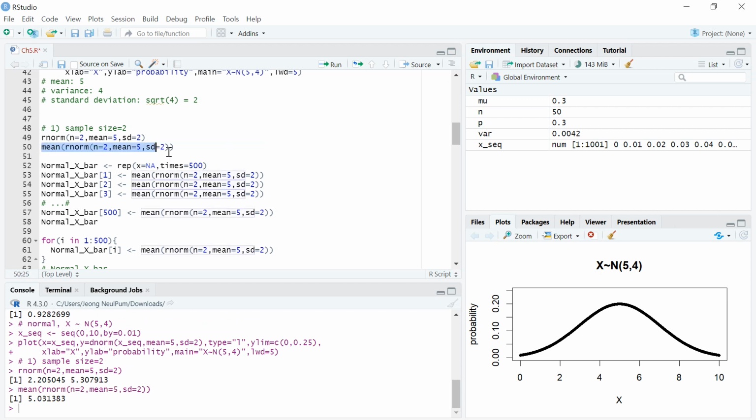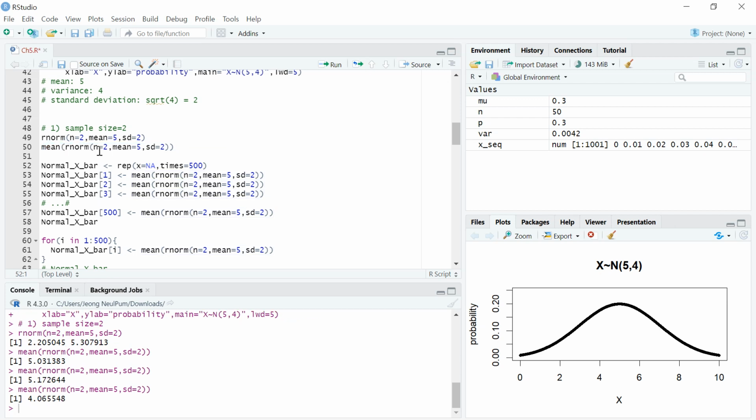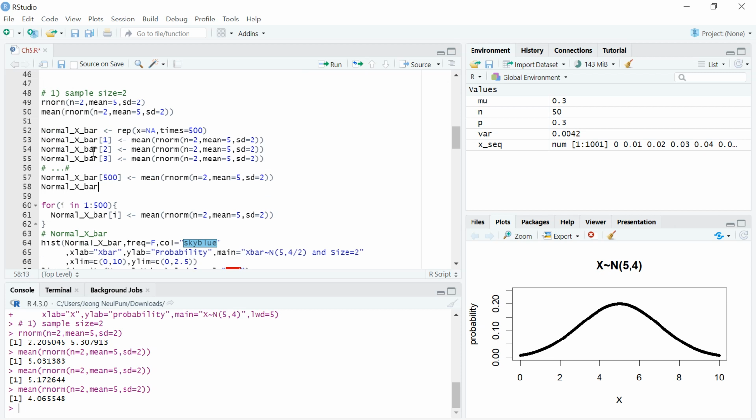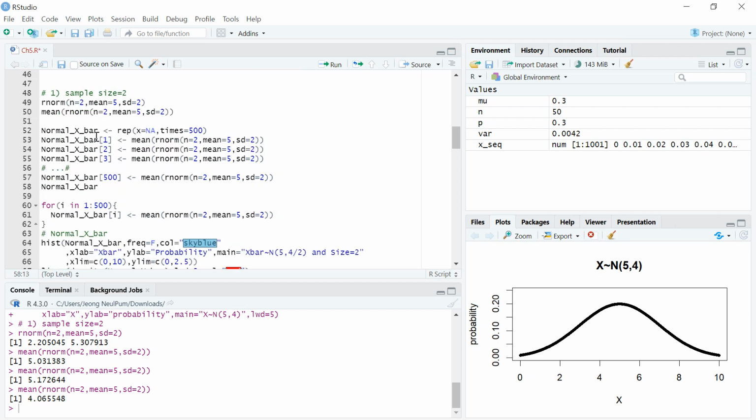If we run this code multiple times, we get a different value each time. This is the sample mean, just one instance from the experiment. If we repeat this, we can see the distribution of the sample means. So this is what we are going to do from now on.